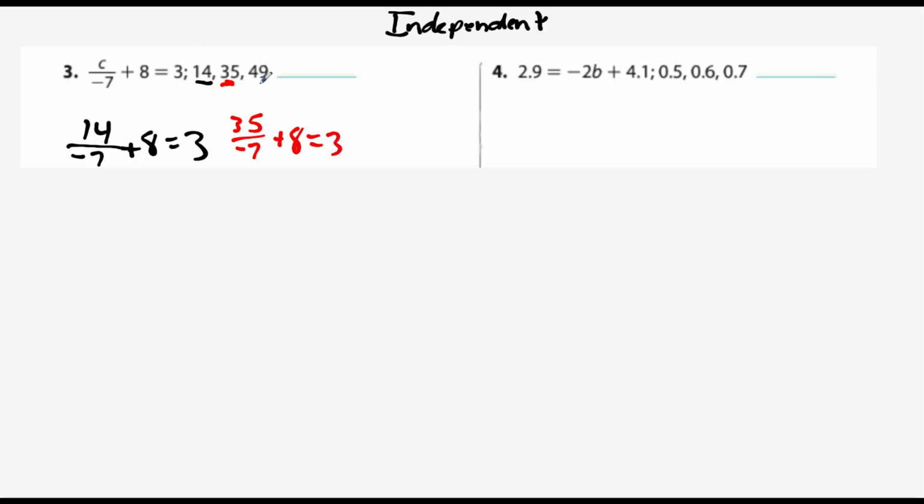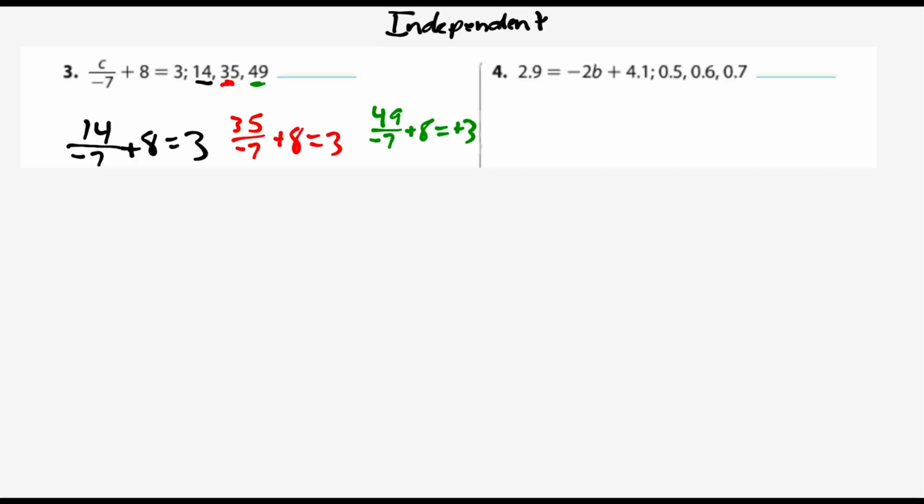And our last one, 49. So 49 over -7 plus 8 equals -3. Now we're going to do all this math for all 3 and figure out which one gives us a correct statement at the end.